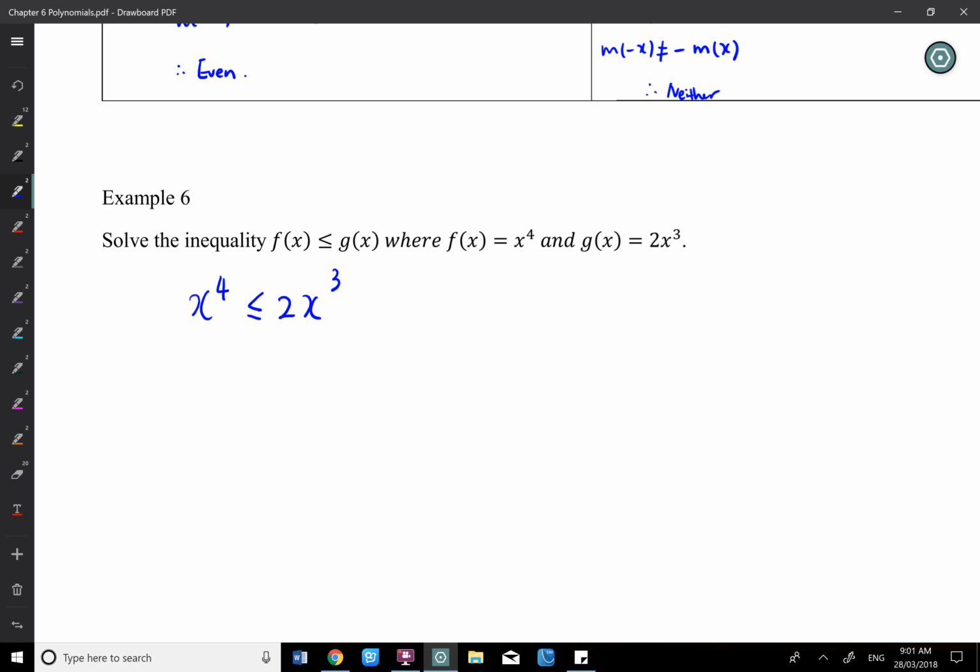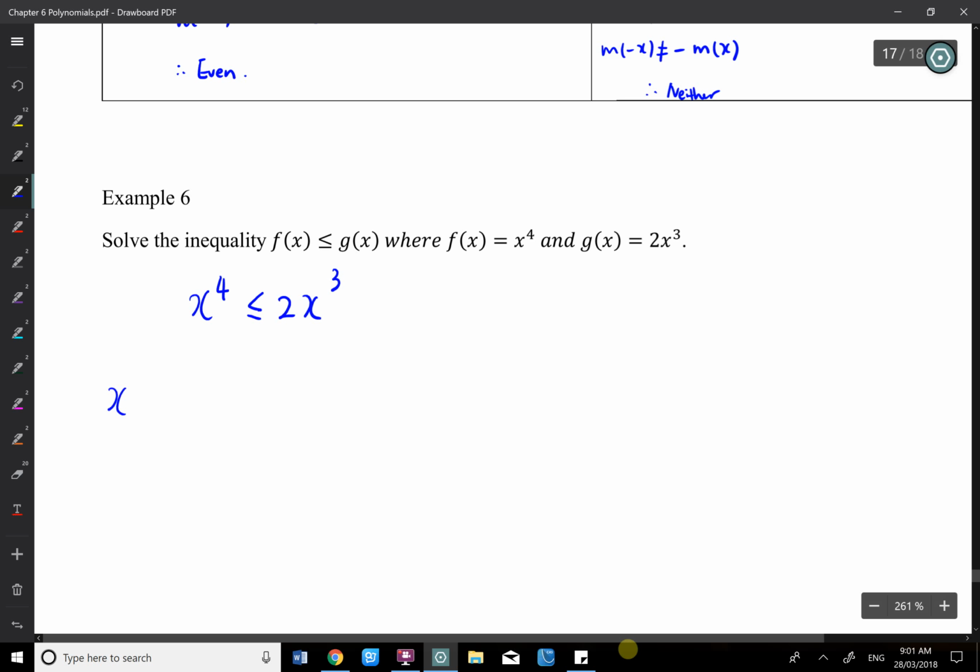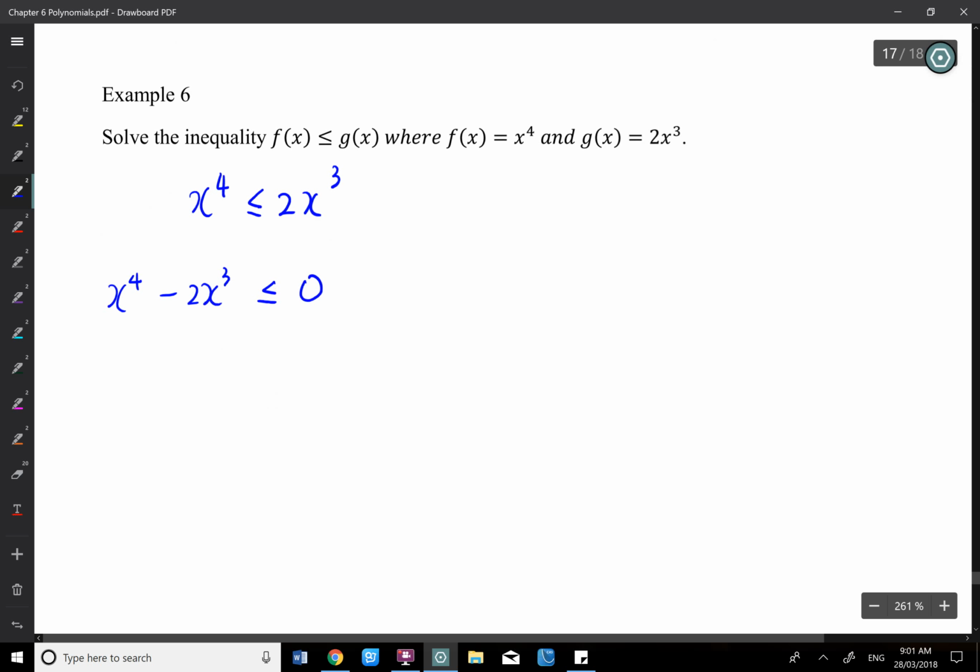Bring everything to one side, because I need one side to be 0 and then see the graph, whether it's above or below the x-axis. So x to the power of 4 minus 2x cubed less than or equal to 0. What next? Factorize what I can factorize. Then x minus 2 less than or equal to 0.